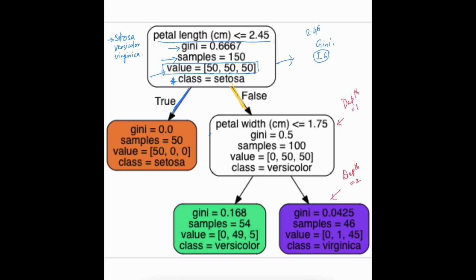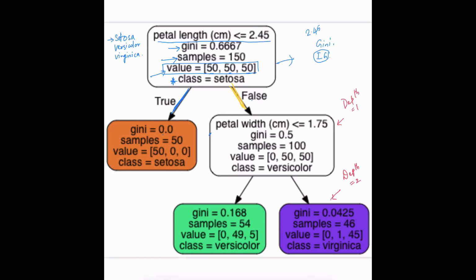So now let's actually go down on the left. Now we are traversing the true branch where we have the petal length less than or equal to 2.45. And here, when we go down, we see that this classification has made one class pure. So when we have a petal length less than or equal to 2.45, all the samples in the true branch are in class Setosa.